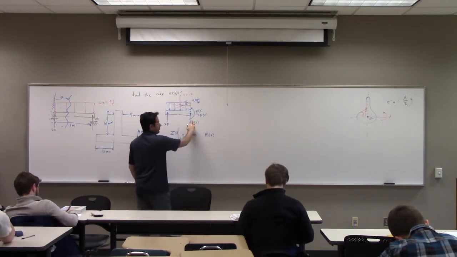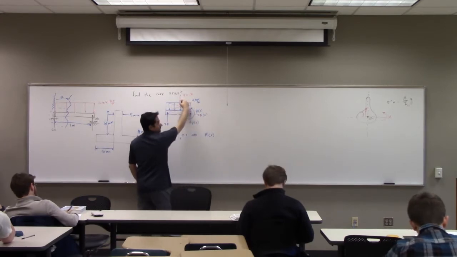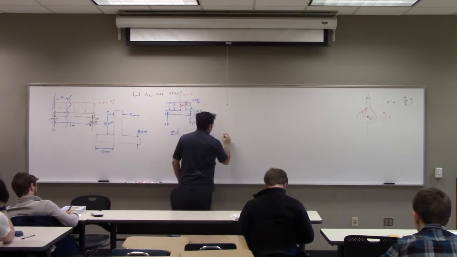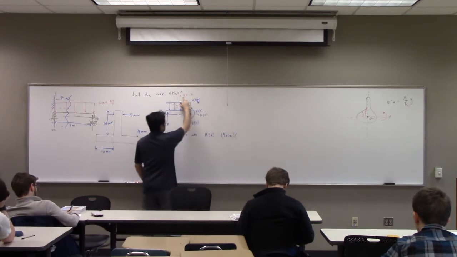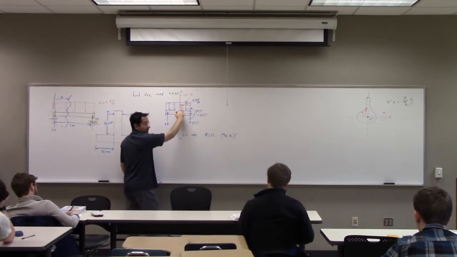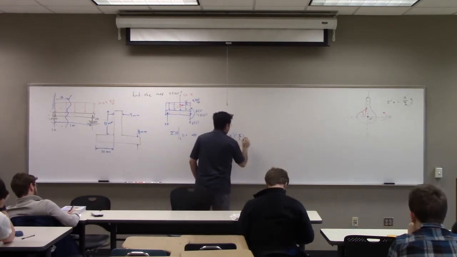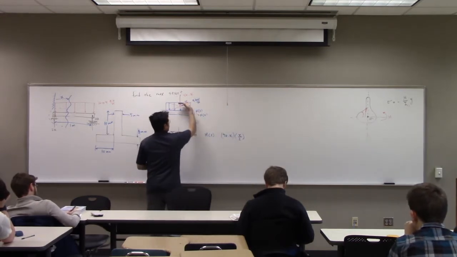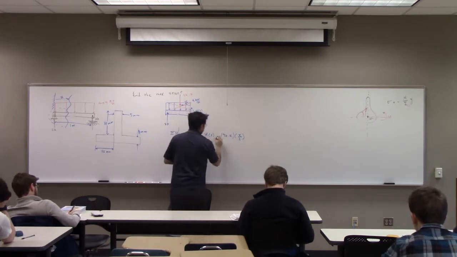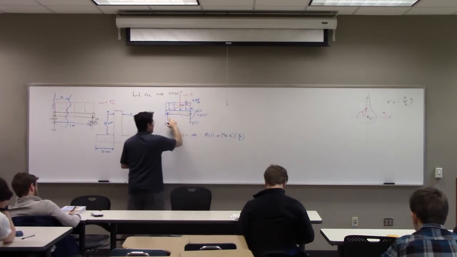These two don't have moment. And then you go to this one, which is equal to 4K x. This is the value of force times the moment arm. What's the moment arm? x over 2. Positive or negative? Positive.